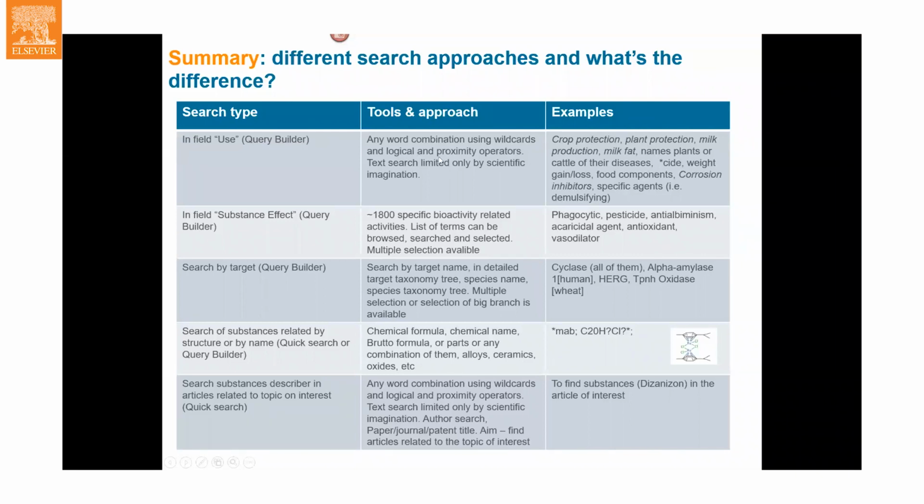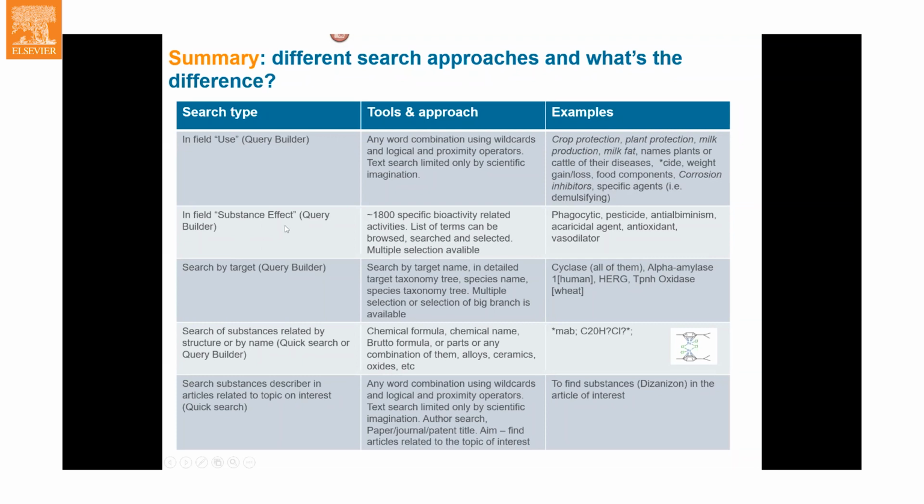You can use here any text combination with wildcards, logical and proximity operators. So it's limited only by your scientific imagination. For example, crop protection, plant protection, meat, milk production, milk, fat, or names of some cattle or plant disease or fish disease, names of food components, corrosion inhibitor, a specific agent like demulsifying.